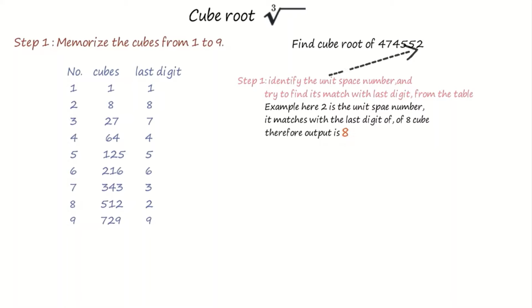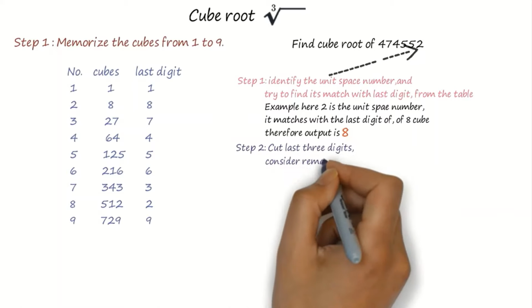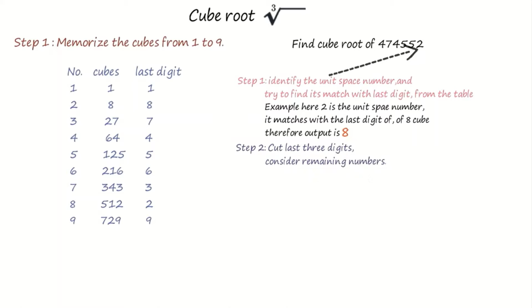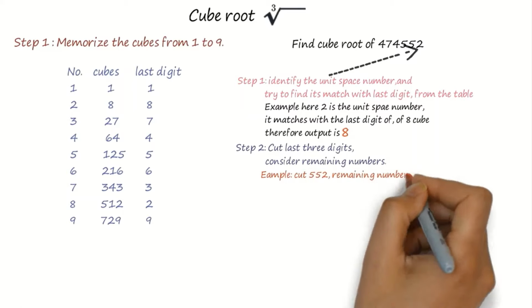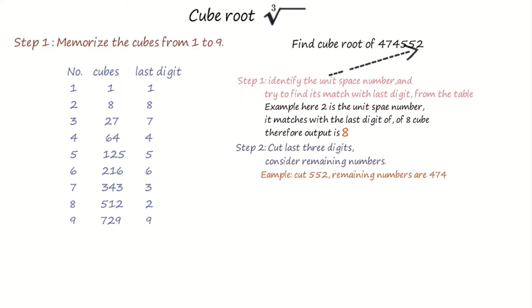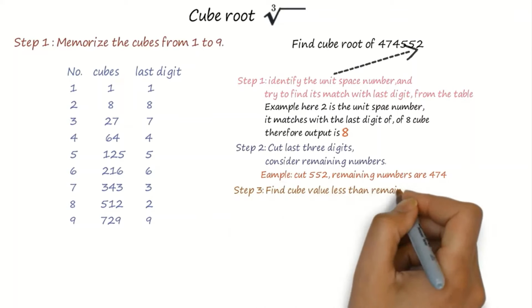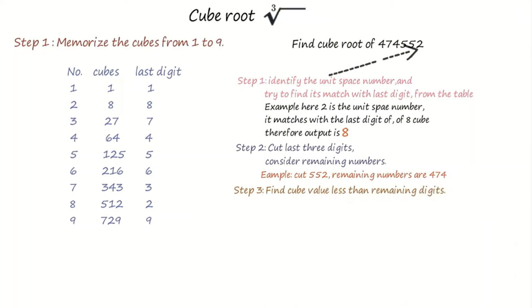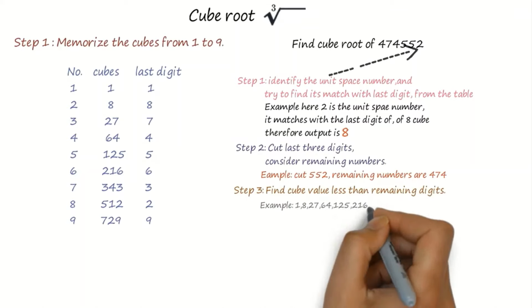Now step 2 is to ignore the last 3 digits and just consider the remaining numbers. So here we will ignore 552 and consider 474. Now find out from the table the cube values which are less than 474. Here 1, 8, 27 up to 343, all cube values are less than 474.